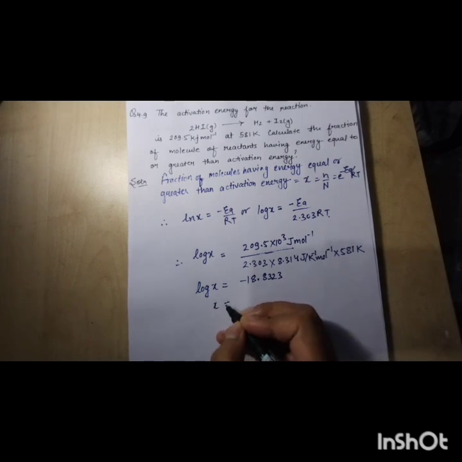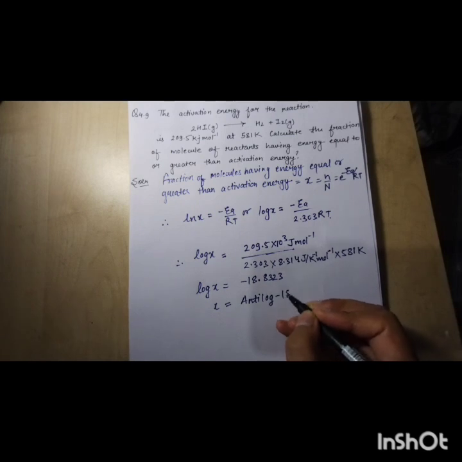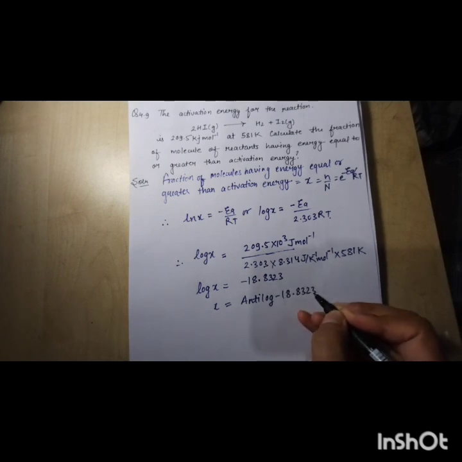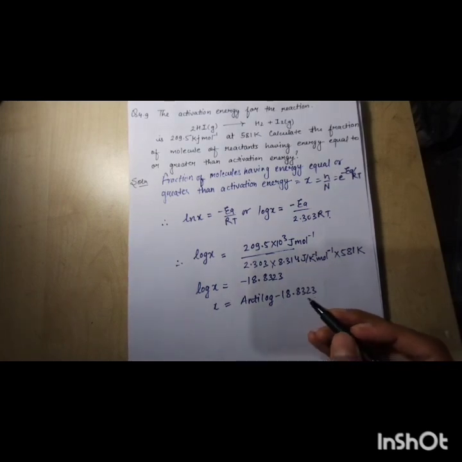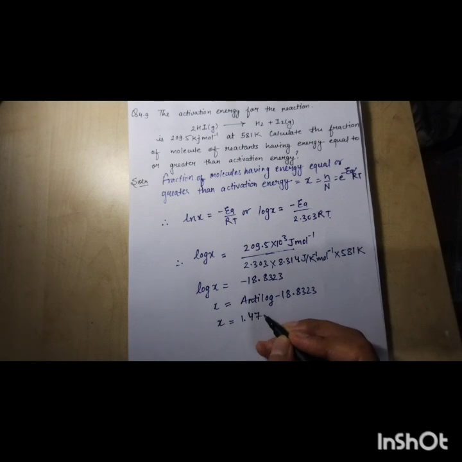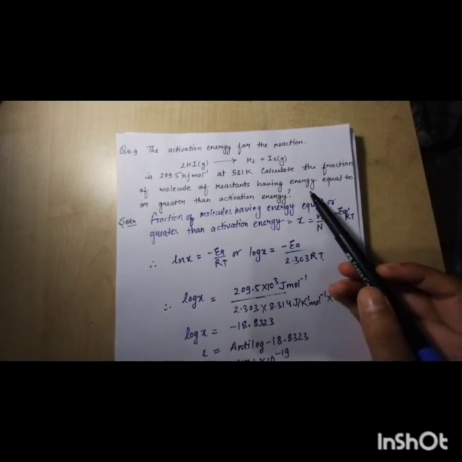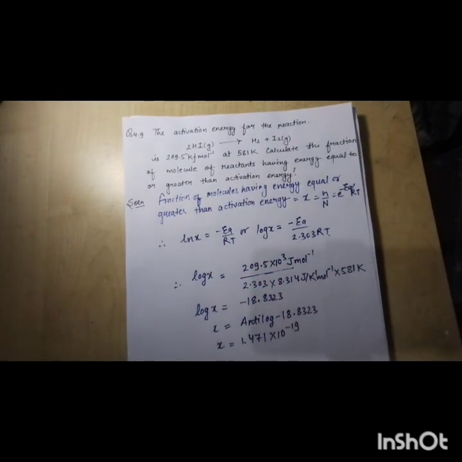So x is equal to anti-log of minus 18.8323. On further solving, the value becomes x is equal to 1.471 into 10 to the power minus 19. So this is the fraction of molecules of reactant having energy equal to or greater than the activation energy. So this is how you will calculate this.